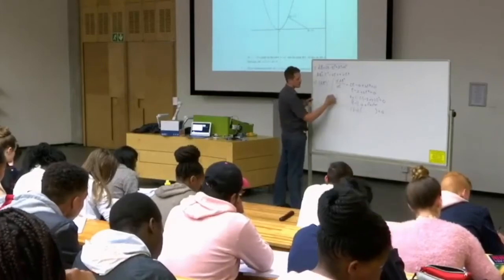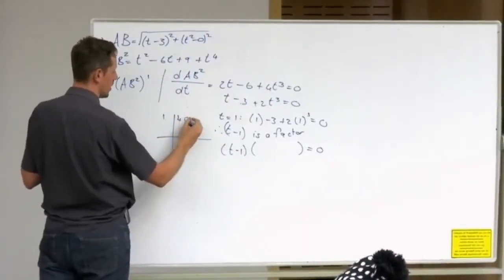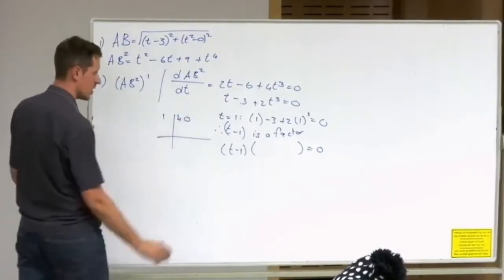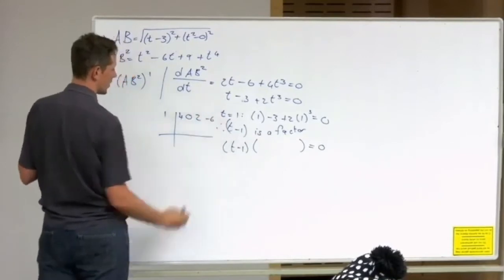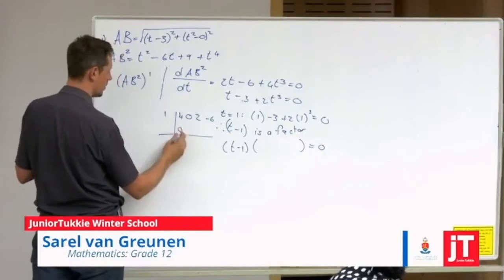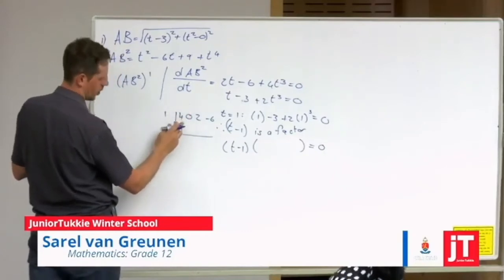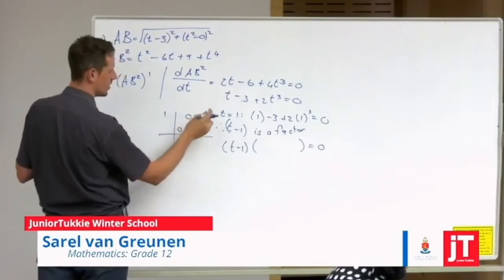So t equal to 1. I start with 4t cubed, 0t squared, 2t, and minus 6. Oh sorry, I divided by 2 already.